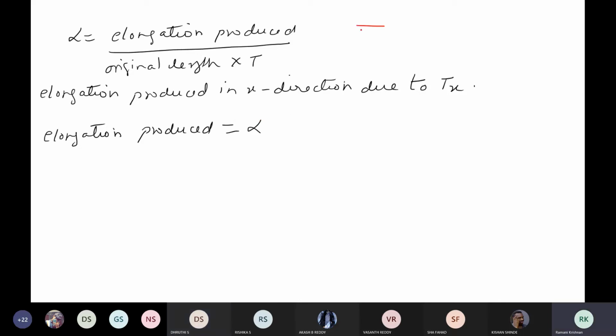Unit dimension. That means 1. All length, breadth and height are all 1. So the elongation produced is equal to alpha into unit original length 1 into the tension. We are talking about which tension? Which is acting in the Tx, ma'am. Yeah, Tx. If you are understanding, we can proceed. So the elongation produced is in x direction.